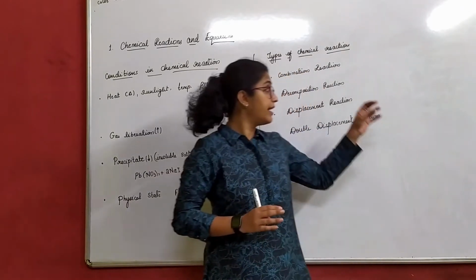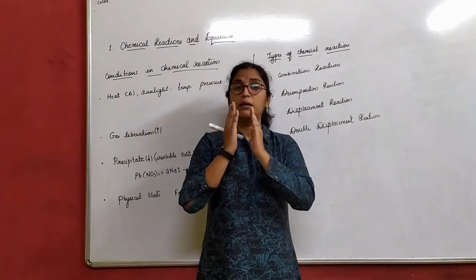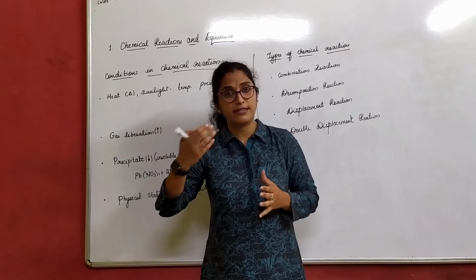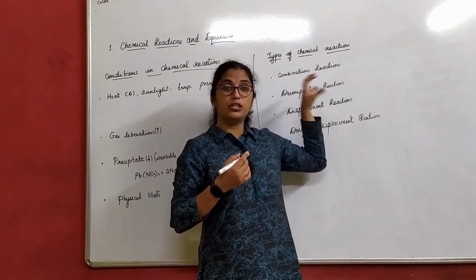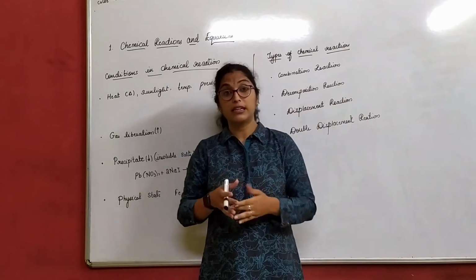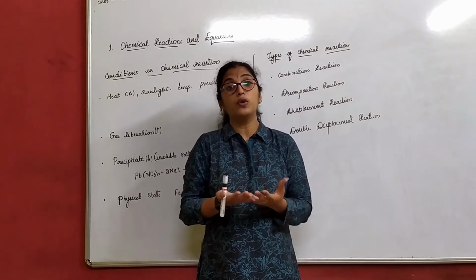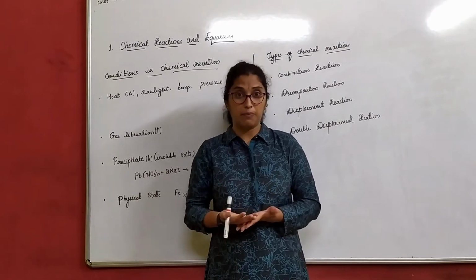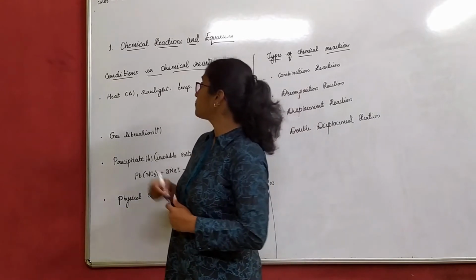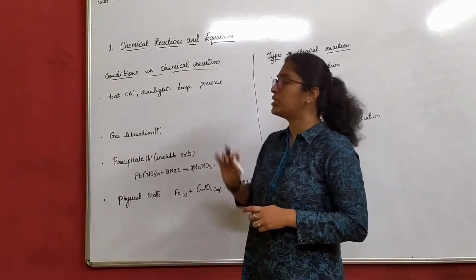We understood the types of changes involved when we perform a chemical reaction: gas is liberated or evolution of gas, temperature, change in color, change in state. Apart from that, when we write a chemical equation, we have to understand from the equation what actually is happening, right? For example, I have written here: heat, sunlight, temperature and pressure.